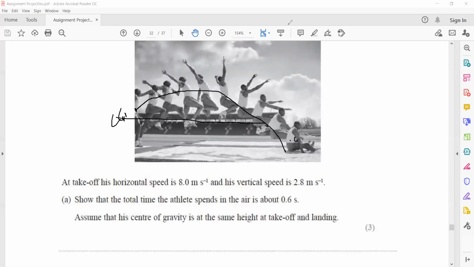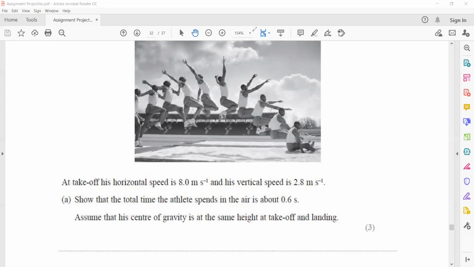What is this extra height? It is 50 centimeters, 0.5 meter, or half meter. So we have to calculate this extra distance.